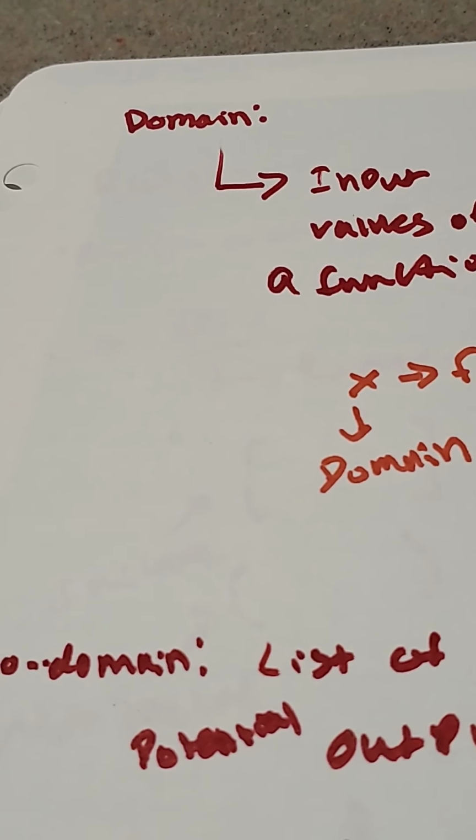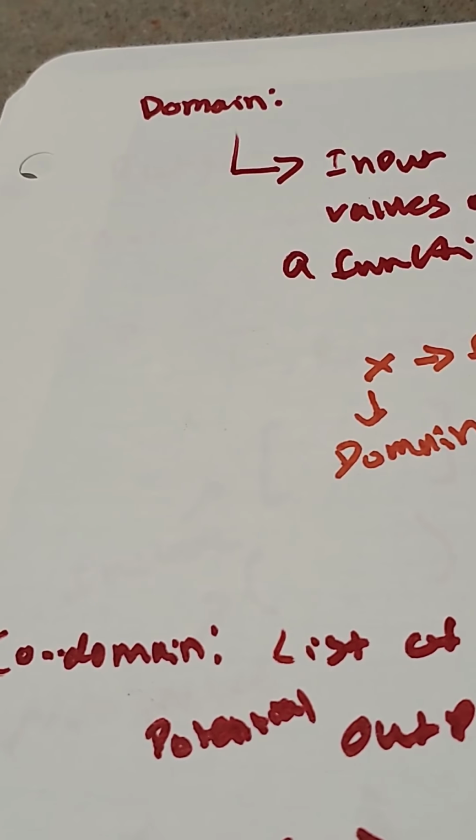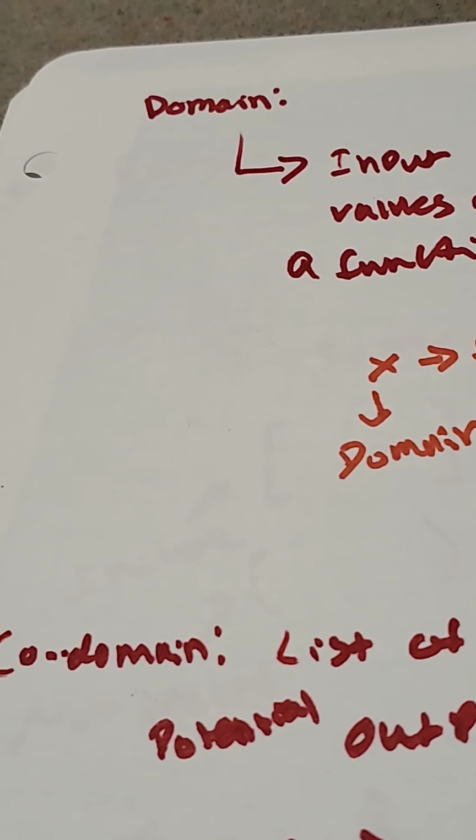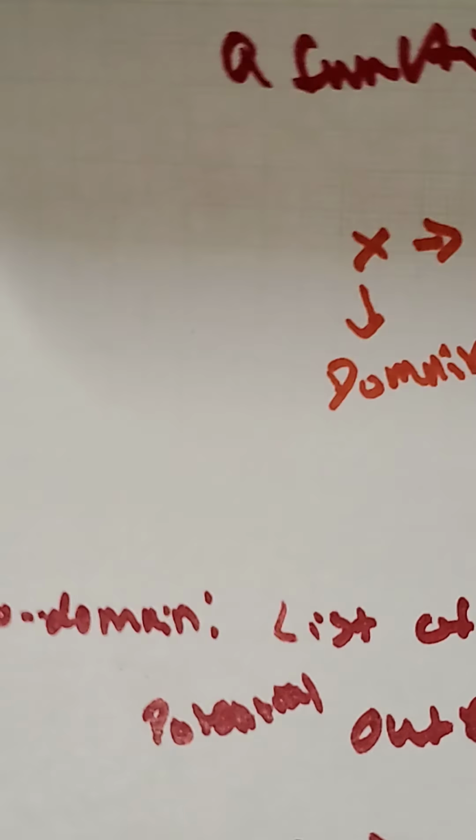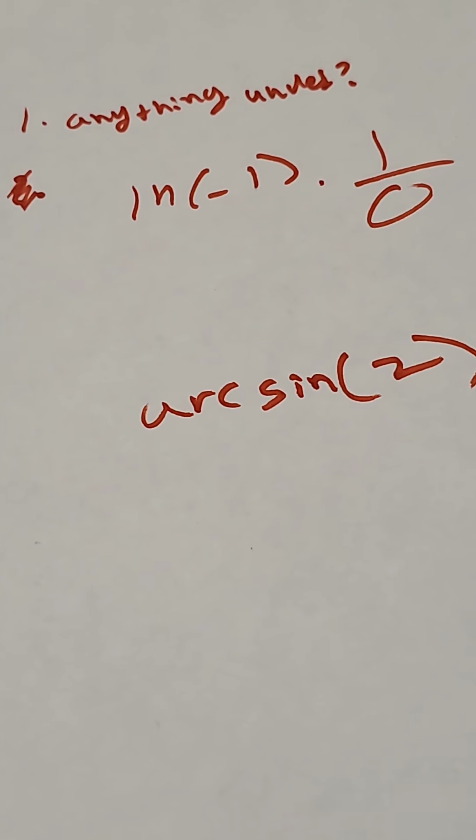So pretty much we define the domain as all the input values for a function, and when we're finding domain, we ask, is there anything undefined? Is there anything that, if we plug it into the function, will give us an asymptote or a value that we can't evaluate?